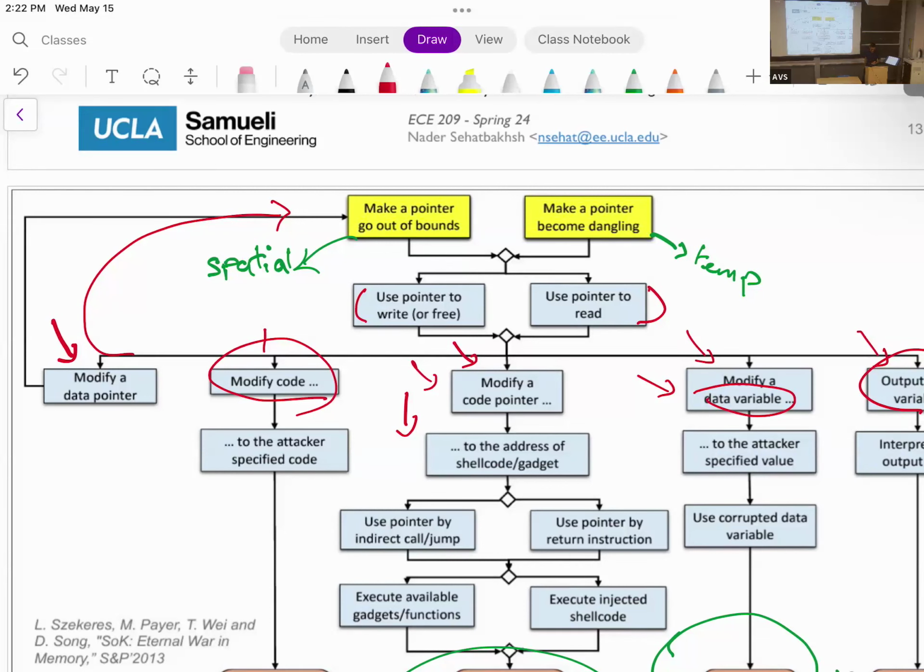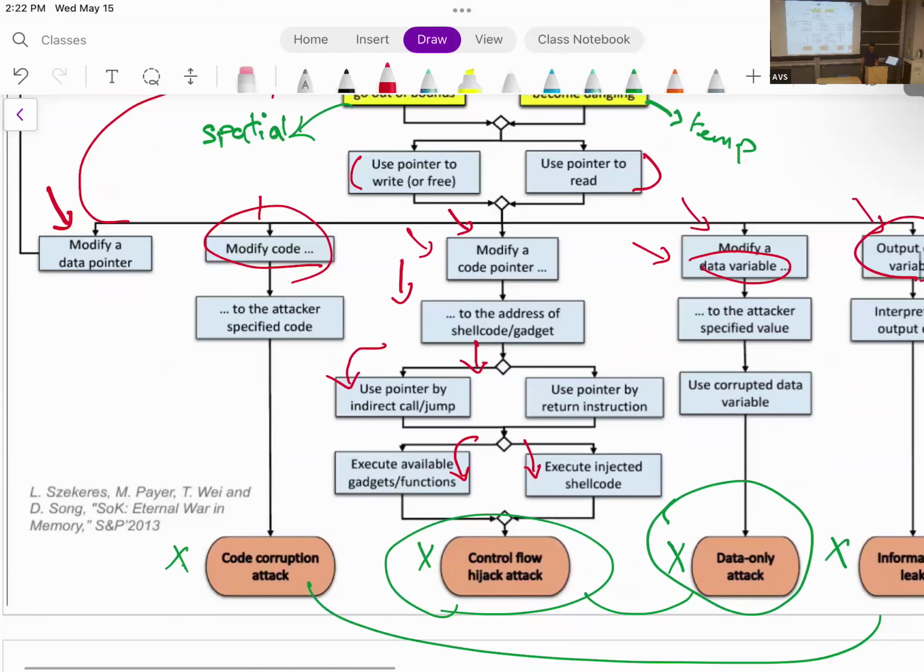Okay, and then if you go further down, once you have either shellcode or the gadget, you can use it to do an indirect jump or call, and as a result, you can either execute the injected shellcode or execute the gadget and function. And in both cases, eventually you are doing what we call control flow hijacking. You hijack the control flow, then whatever malicious activity the adversary wants to do, they can do that.